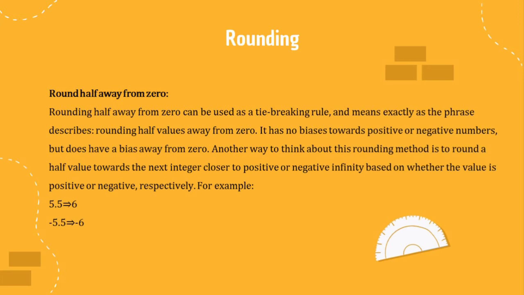Another way to think about this rounding method is to round a half value toward the next integer closer to positive or negative infinity based on whether the value is positive or negative, respectively. For example, 5.5 equals 6, negative 5.5 equals negative 6.